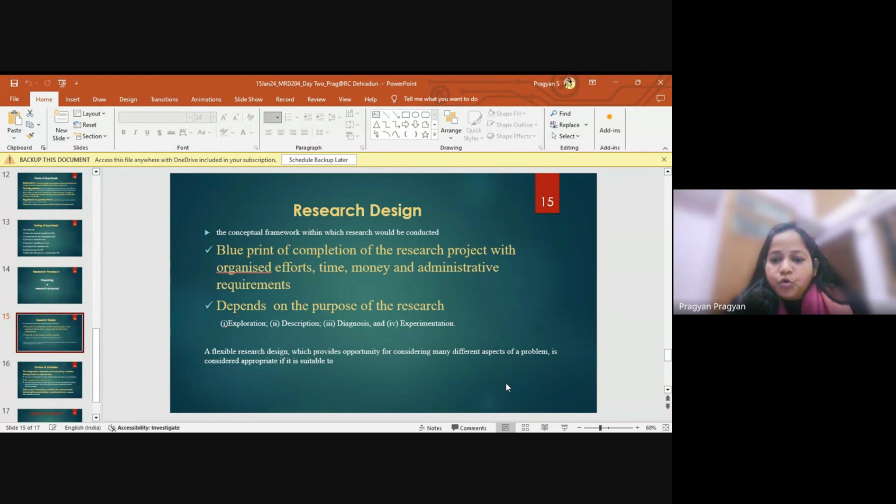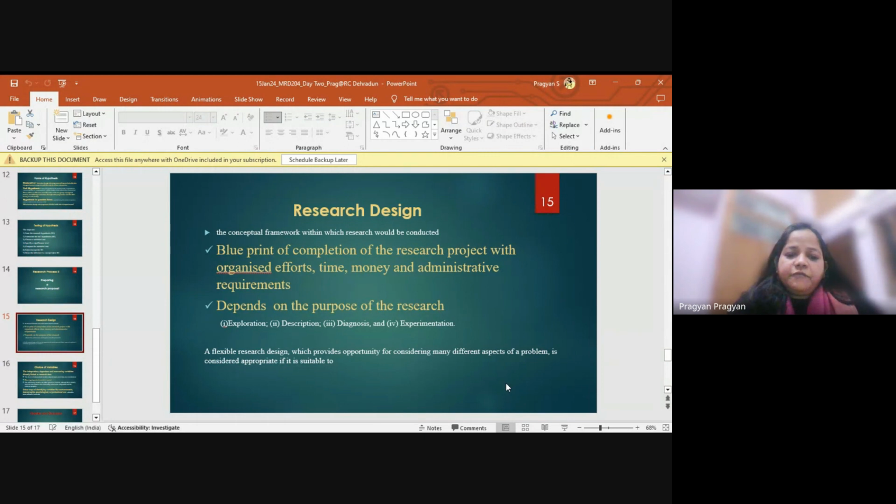Moreover, it is very flexible, in the sense that the whole purpose is to guide you from formulating the research problem, till the trend analysis of finding out the outcome of the study, and to present them in the form of generalization. So this is a very flexible kind of process, but it has its own purpose.